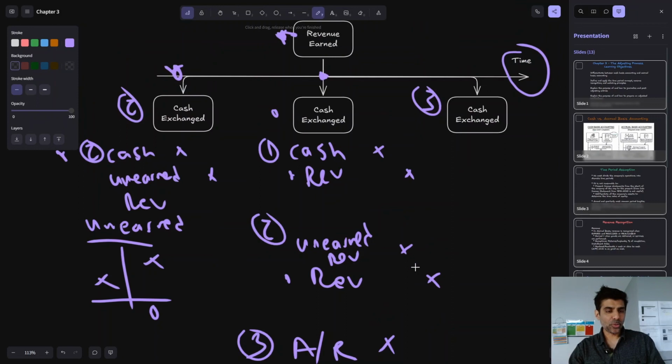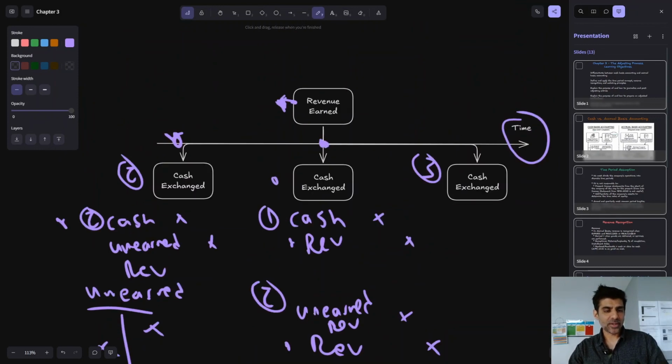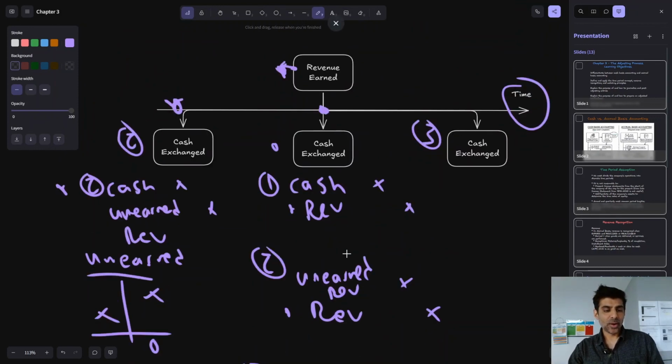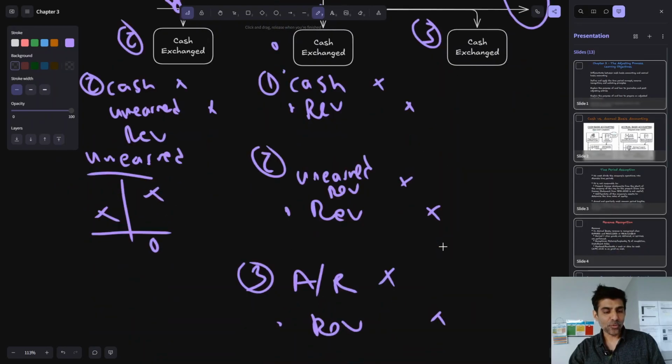Okay, so in all three cases, at this point in time, whatever it is, we're gonna credit revenue. When the cash is received, that's gonna change what we debit. If we collect the cash at the same time, it's this. If we've already collected the cash, it's this. And if we're going to receive the cash in the future, it's this.